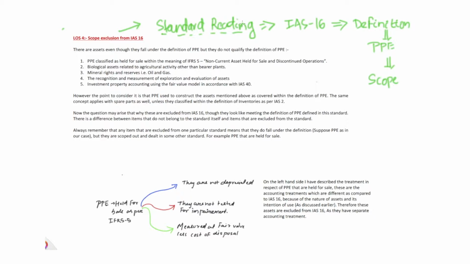We read the definition of PP&E, and after reading the definition, we started looking for the assets which cover the definition of PP&E, which means any asset that meets the definition of PP&E. In that case, the accounting treatment should have been governed by IAS 16. Now comes a part called scope.